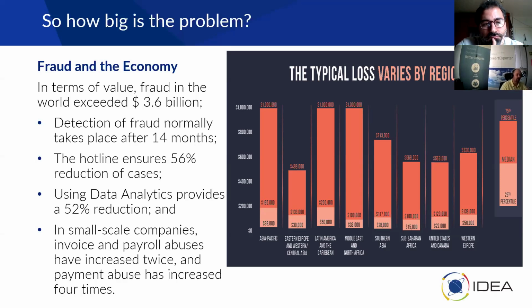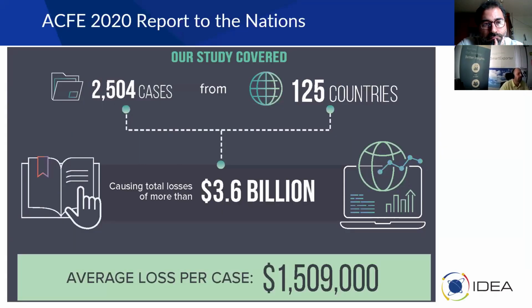Mostly a hotline or whistleblower line affects 56%, and another effective method is using data analytics, 62%. This is, unfortunately, the average loss per case, almost $1.5 million.